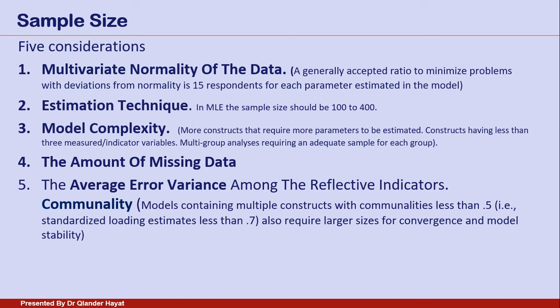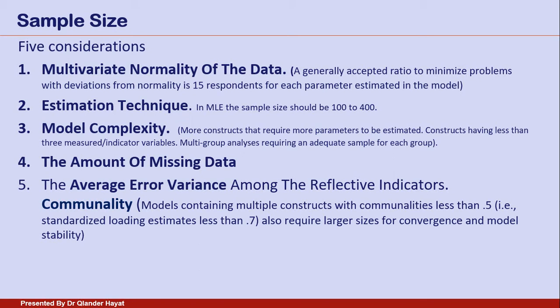If you are estimating more constructs and having more variables, then you are required to collect data from more respondents. The other thing is the amount of missing data. If your data is missing, then you are required to use a larger number of respondents.